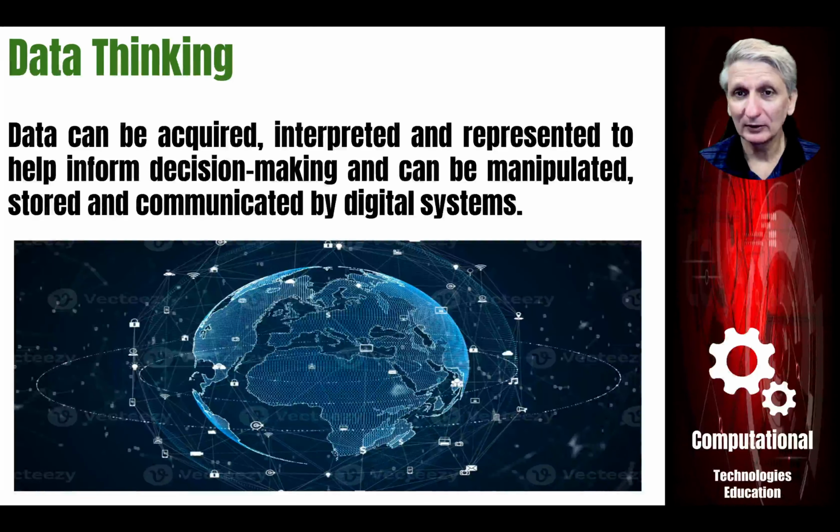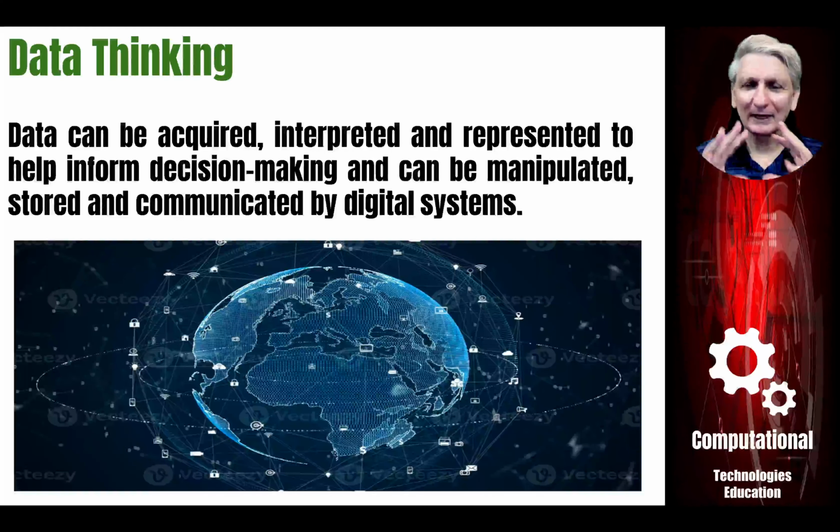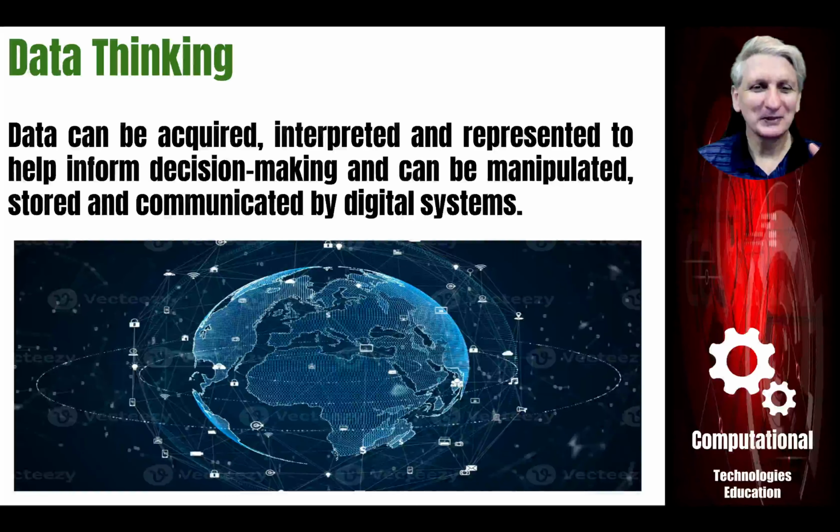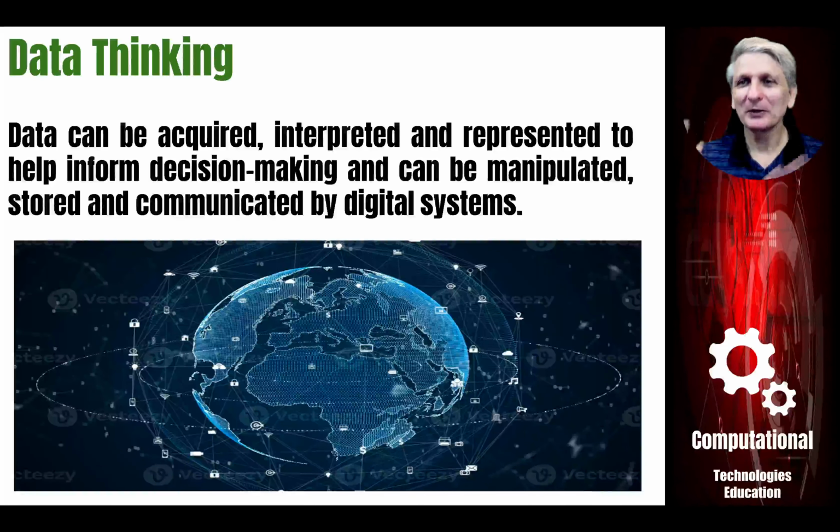But this is then used to inform our decision making, which can in turn inform how we then manipulate, store, and communicate information and data through digital systems. So it's what we call recursive. Again, a concept we don't explore in primary school, so we won't go into that, but it's a system that relies upon itself for developing a solution.